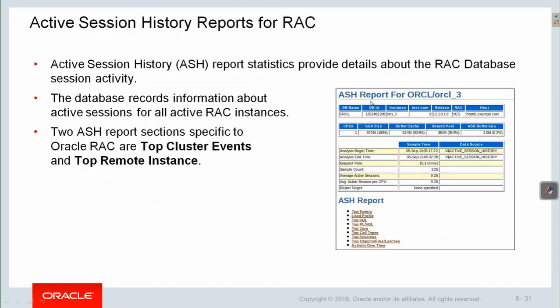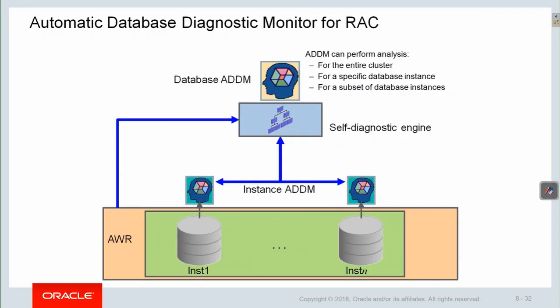And you can also use active session history. So if you want to analyze short-term database activity, you can use active session history, and this gives you more detailed information if you are interested in short-term time period activities.